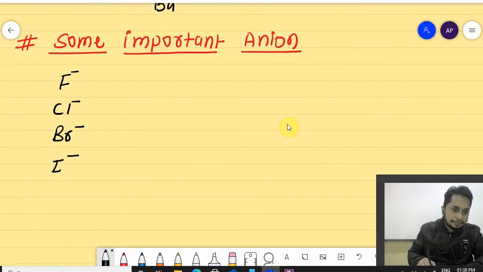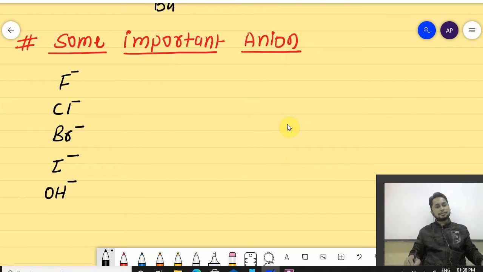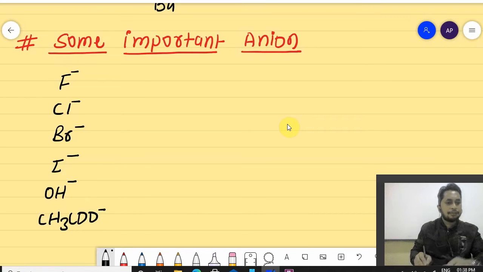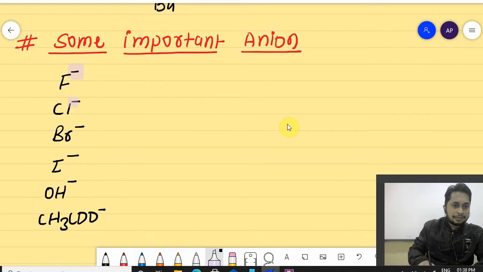After that, hydroxide OH minus, acetate CH3COO minus. All these ions have a single minus charge: single minus, single minus, single minus, single minus, single minus and single minus.